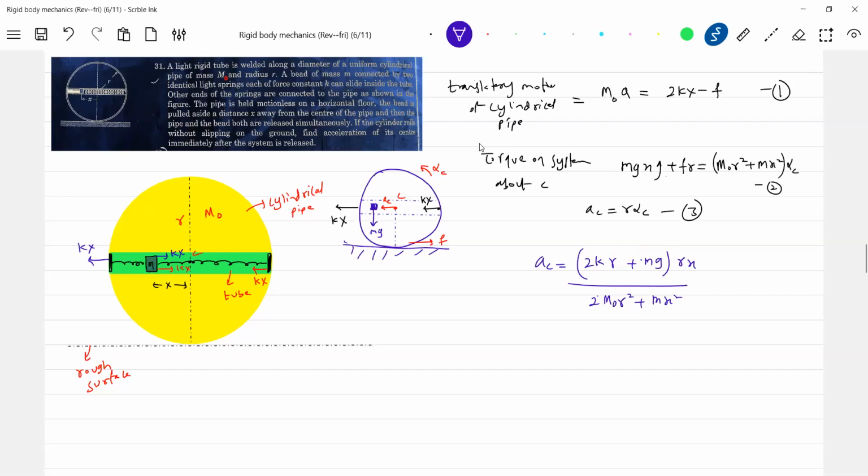Check once the answer. If you try to solve it, find the acceleration of the center. 2KR only. Yeah, okay.